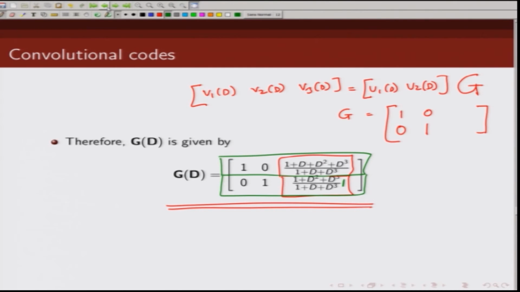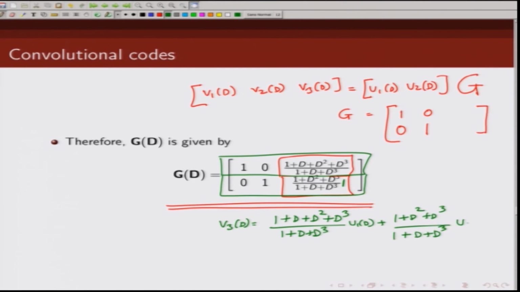Now, what is V3d? V3d is (1 plus d square plus d cube) divided by (1 plus d cube) times U1d plus (1 plus d square plus d cube) divided by (1 plus d cube) times U2d, right. So, the relationship between V3 and U1d is given by this.